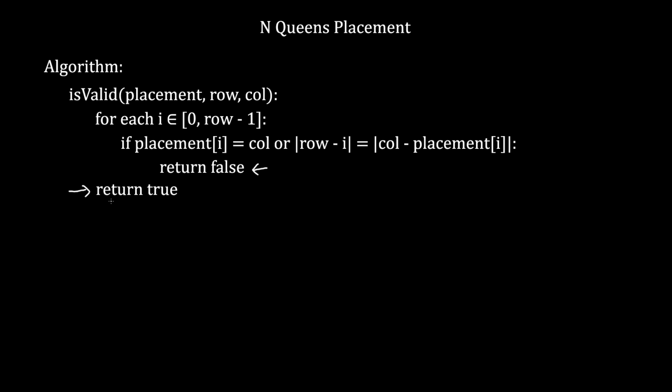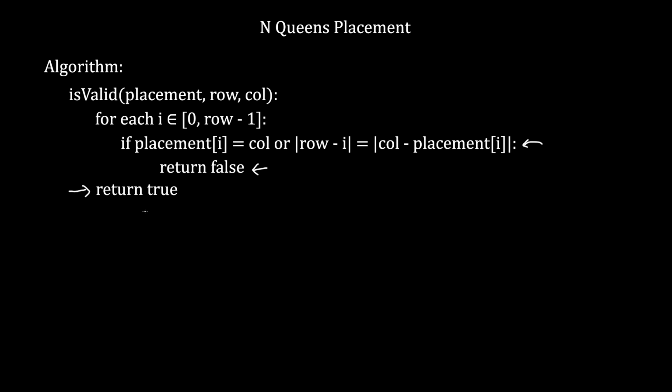Well, as you can see, returns are constants. These if statements, which make only absolute differences and check for equality, are of course constant. And we have the for loop, which unfortunately makes a total of row iterations, right? And yeah, of course, it depends on the row. The row could be, of course, 0, which means it returns true straight away.